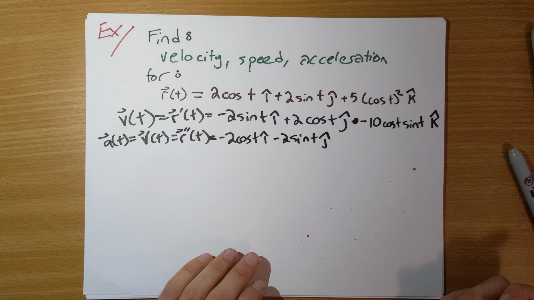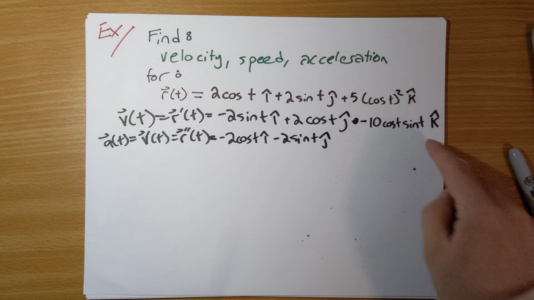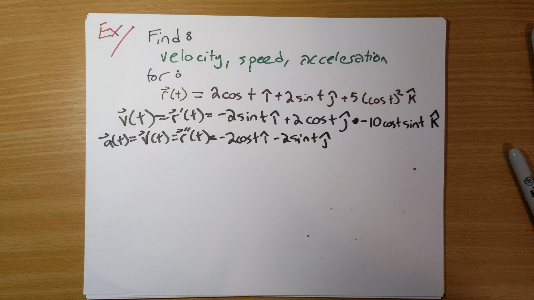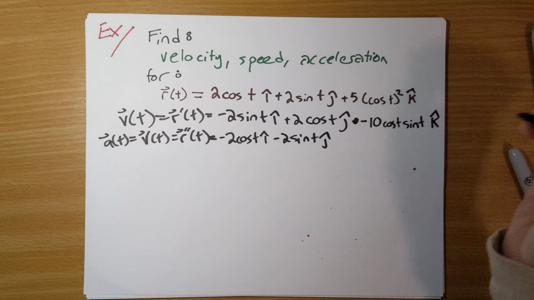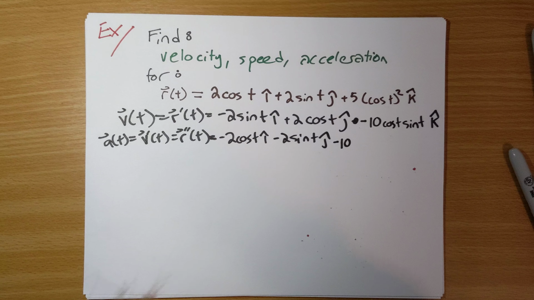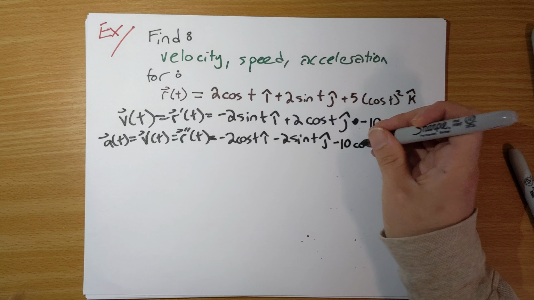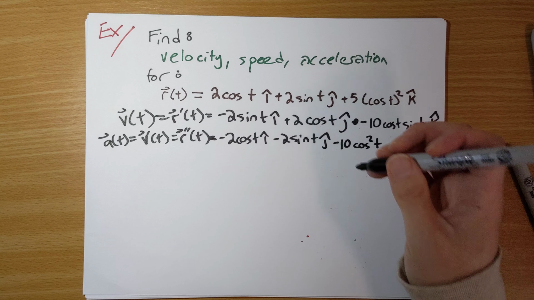And then the derivative of this right here would be, let's see, negative 10 cosine t times the derivative of sine t, which is cosine t, so cosine squared t.